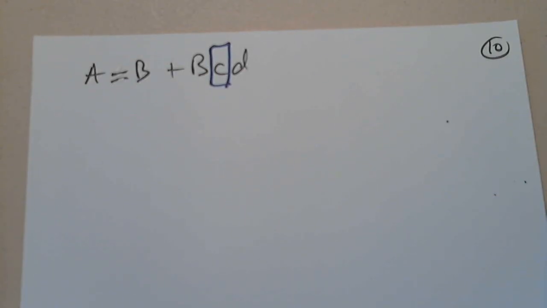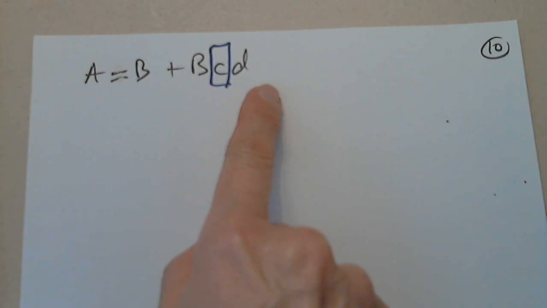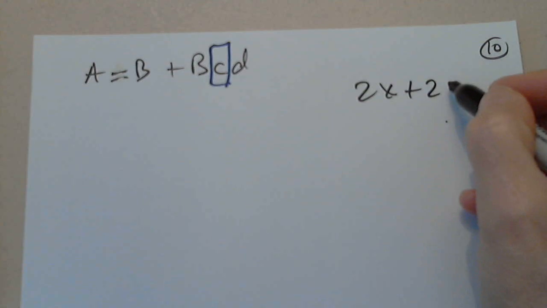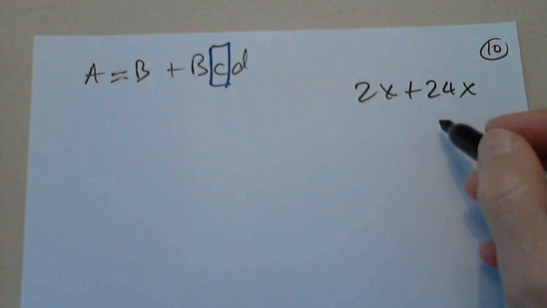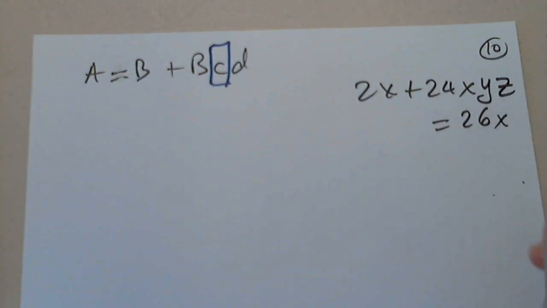Can anyone help with the first step? Combine like terms. There is nothing. It looks like there's two B's. Yeah, but first I have to multiply. So when I add 2x plus 24x, I do get 26x. But can I add these?